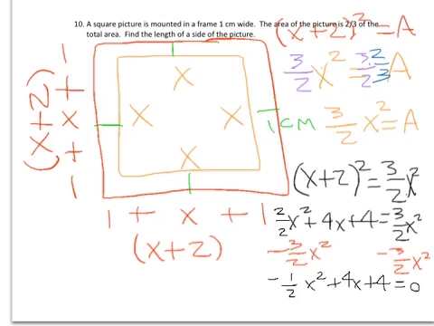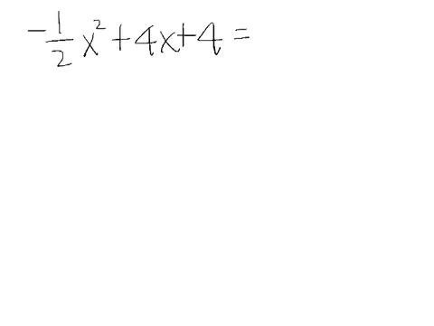And when you do this, you're going to use the quadratic formula. We're trying to find the side length of our picture right in here, the x value. Negative 1/2 x squared plus 4x plus 4 equals 0.